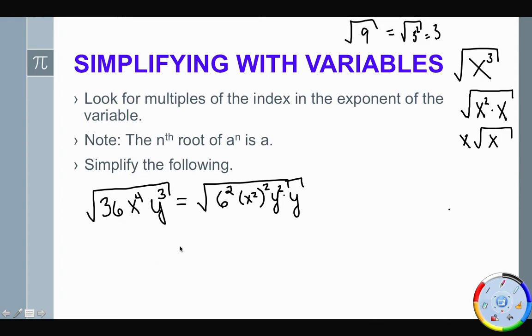And then we can simplify from there. The square root of 6 squared gets a 6. The square root of this thing squared is that thing, so it's x squared. The square root of y squared is y, and the square root of y has to remain.